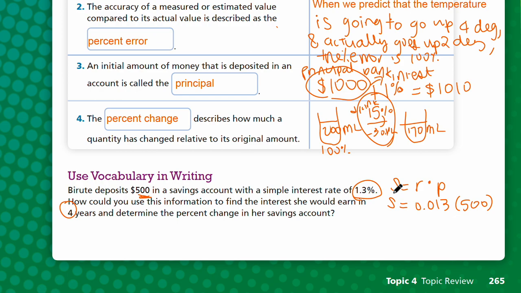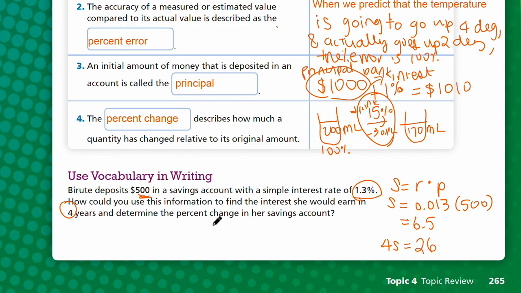Let's see. You get 6.5. And then you multiply 6.5 times 4, which is exactly 26.